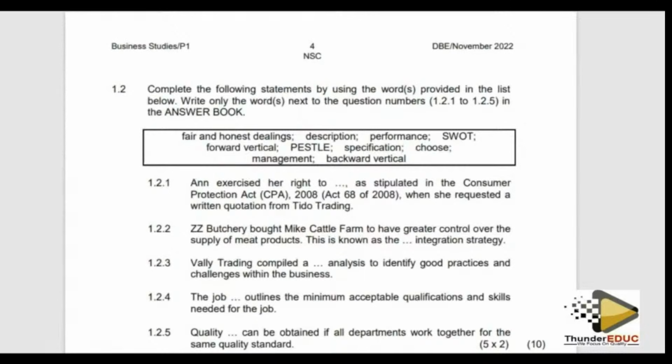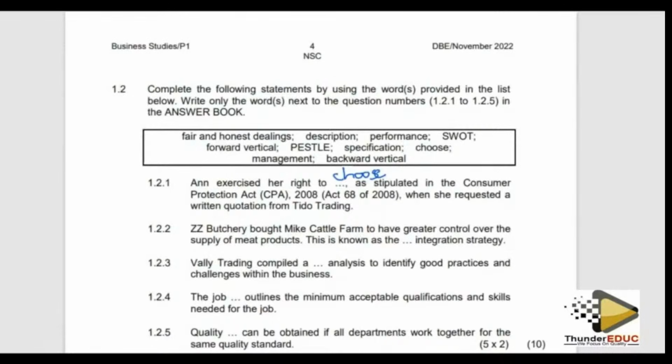So here we have what? We have choose. Okay, right. So now let's move on to the next question, which is 1.2.2. 1.2.2 reads as follows.